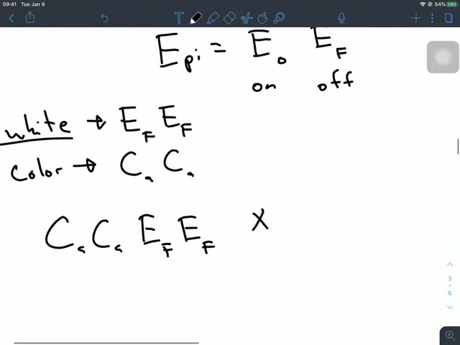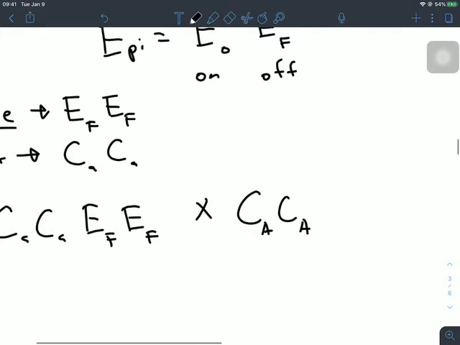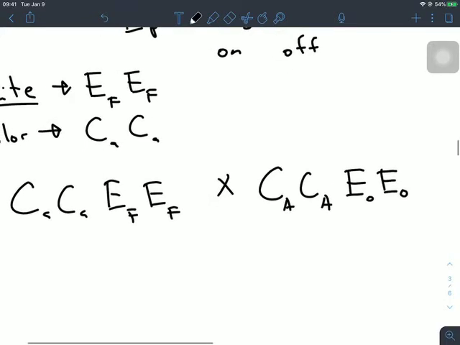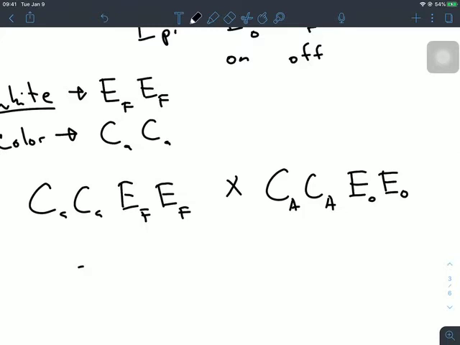And we need to cross them against something that is agouti and homozygous, and the epistatic controller is on. Now, this means that the two connected haplotypes, as we draw them out here, are CA alongside EF and CA alongside EF.